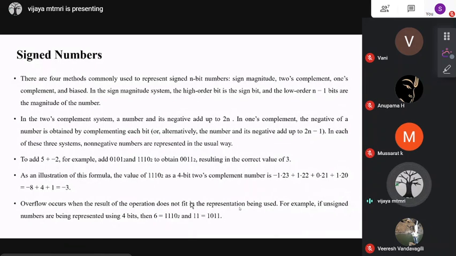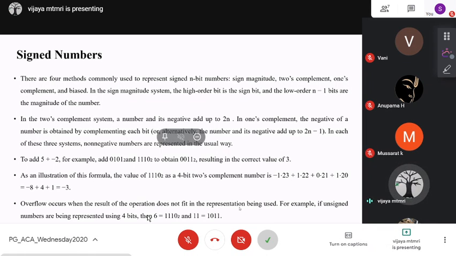A typical value for a bias is 2 raised to n minus 1. Here they have taken an example to add 5 plus minus 2, adding 0101 and 1110, to obtain 0011, resulting in the correct value of 3.